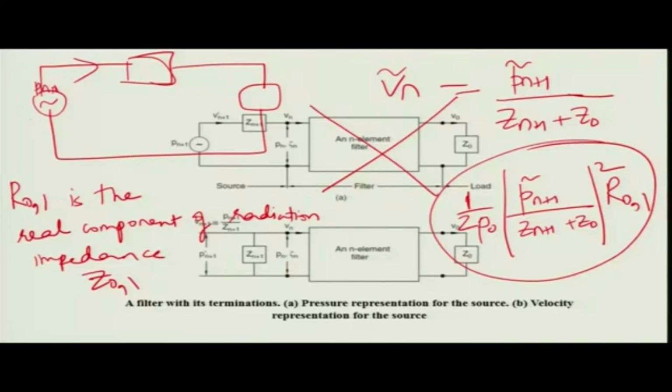So, when the muffler is there, we need to make use of the Norton's form to evaluate the velocity that comes here.